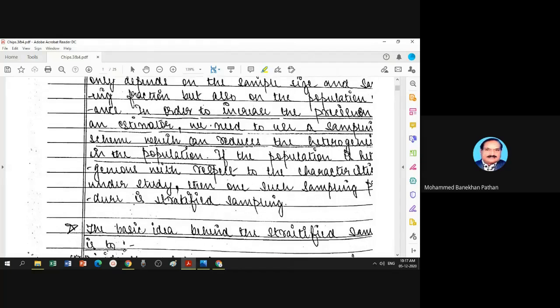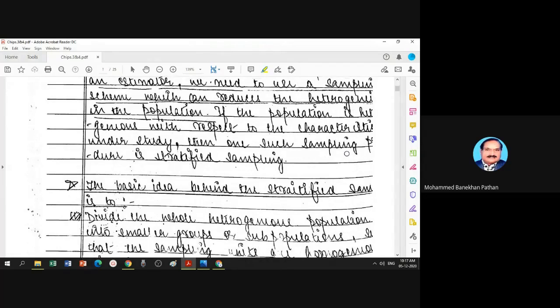So in such a situation, we try to apply stratified sampling. So I think you understand when we go for stratified sampling. We apply stratified random sampling under the assumption that the population under study is heterogeneous.